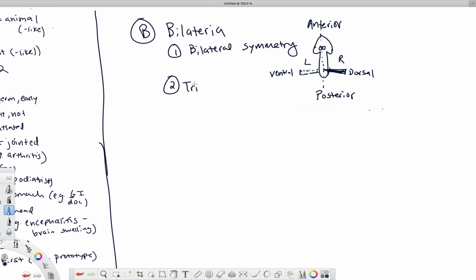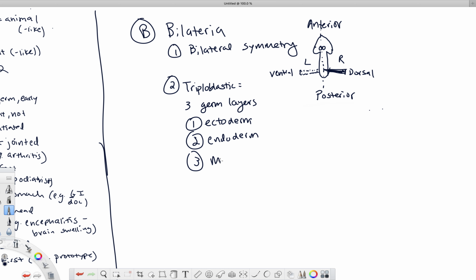The other one is, instead of being diploblastic, it's triploblastic, which means it has three germ layers. They are the ectoderm, same as before, the endoderm, same as before, and then the other layer is the mesoderm.